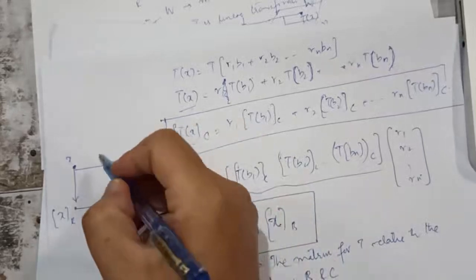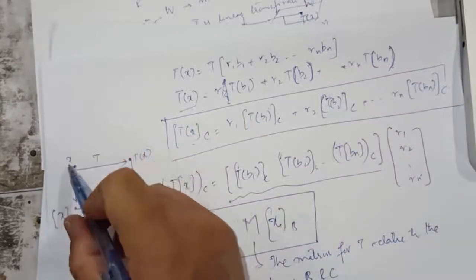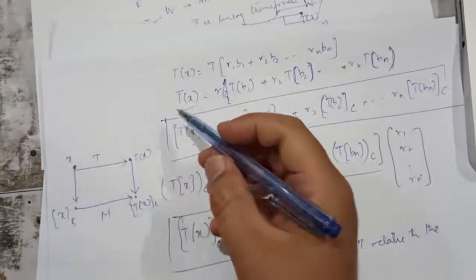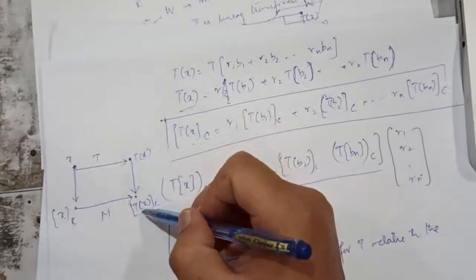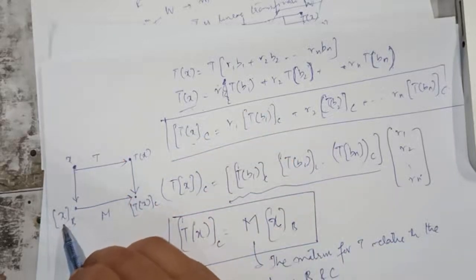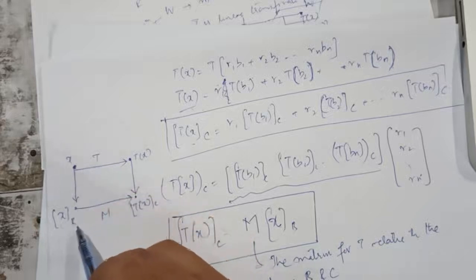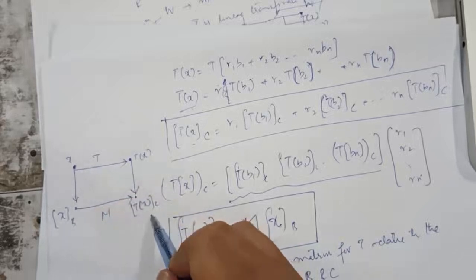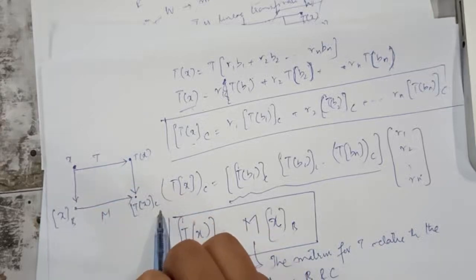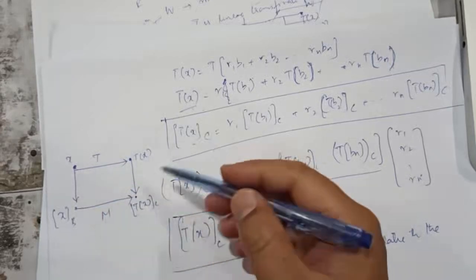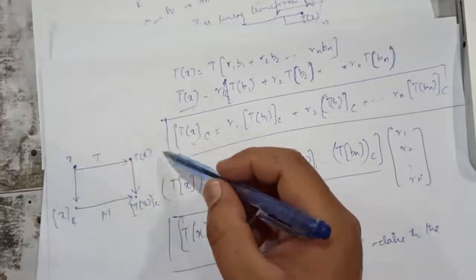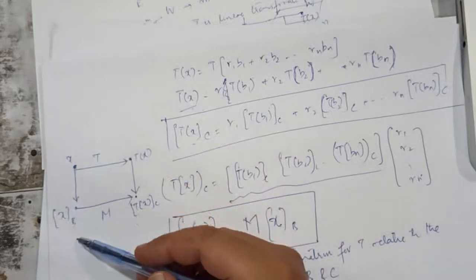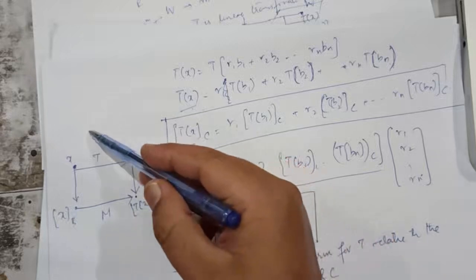If I multiply by T, then x will move to T of x, and I can move this T of x to the basis T x of C. Similarly, x of B, represented in terms of basis B, has to be multiplied by M to convert it to T x of C. Okay, this is how the whole thing of linear transformation works from the point of view of the basis.